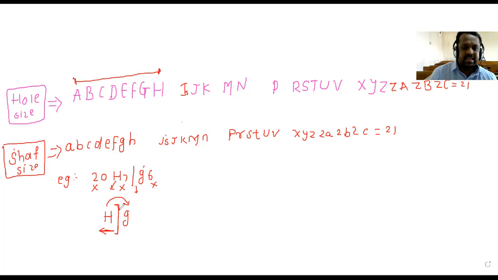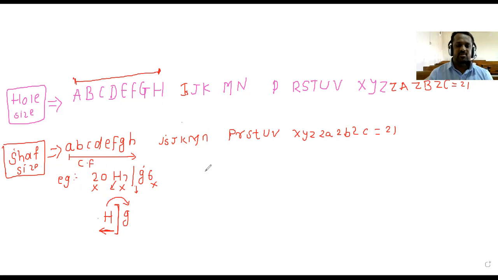Understood? If the letter on the left side of the slash is between capital A and H, then where do we have to go? To this small letter. On the right side of this slash line, if there is a small letter, and if this small letter lies between small a to small h, then it is the clearance fit.